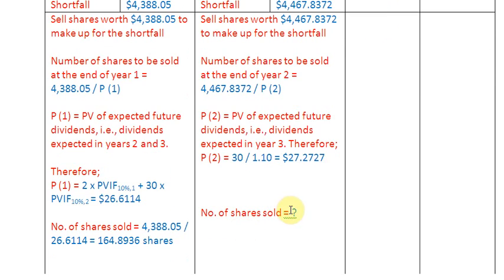So then therefore the number of shares to be sold in the second year are going to be 4467.8372 divided by the price that we have found out here, 27.2727, and that is going to give you 163.8208 shares.